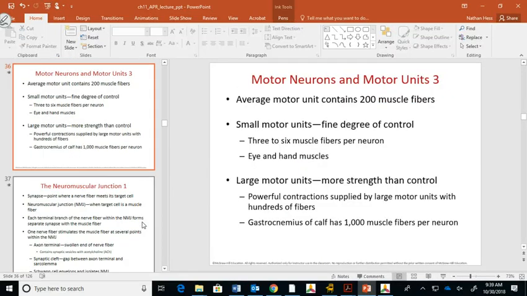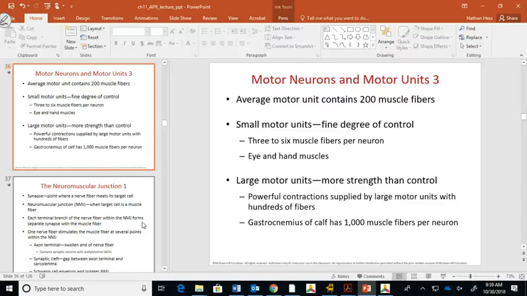Okay? If I'm trying to do things that need a fine amount of control, so let's say the muscles to my hands, the ones that are controlling how my fingers are working, right? If I need more fine control, then I have very small motor units. So I have 3 to 5 muscle fibers per nerve. Does that make sense? That nerve is only making a couple of muscle fibers fire.